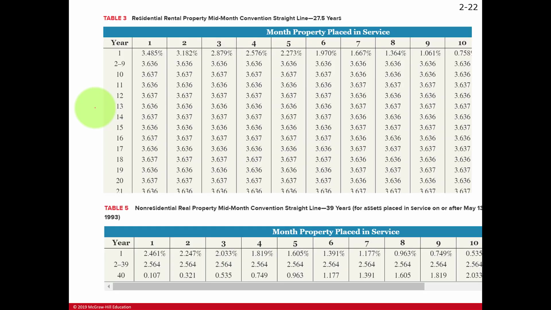So here is residential for 27 and a half years. And notice the numbered columns here. It goes all the way out to 12 months. So if you bought a condo in April, in the first year, you take this depreciation rate and multiply it by the cost of the improvements to the building.